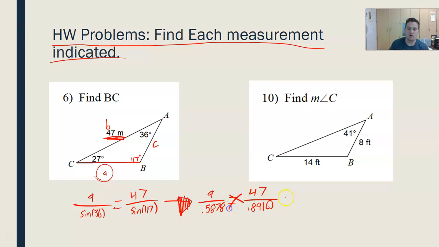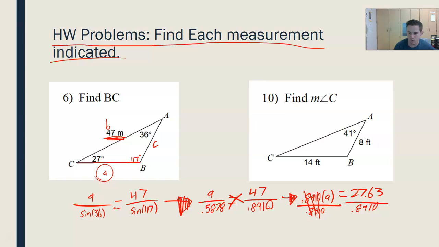So then I'm going to go ahead and cross multiply. So cross multiplying, I get 0.8910 times A equals 47 times 0.5878, which is 27.63. And then to solve for A here, I'm going to divide by 0.8910, because that'll cancel 0.8910 on this side.